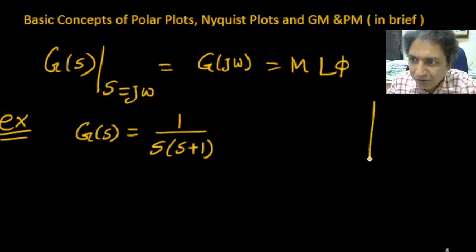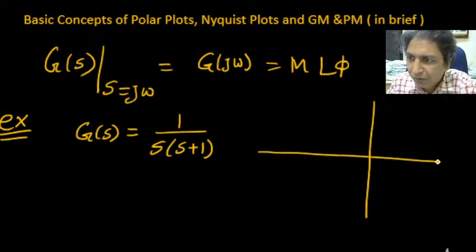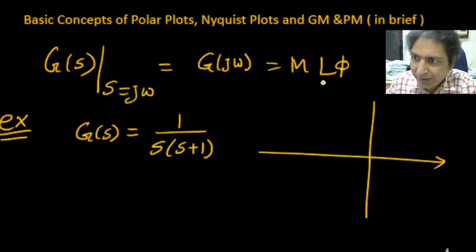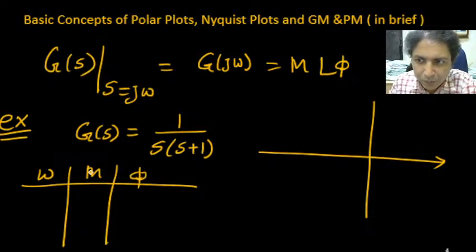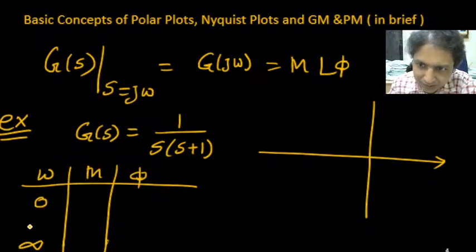Polar plot, so magnitude and phase both. Generally for different frequencies we can find magnitude and phase. So omega, we can find magnitude, we can find phase. Omega equals 0 and omega equals infinity, at least these two, and some other intermediate omega we will consider later.